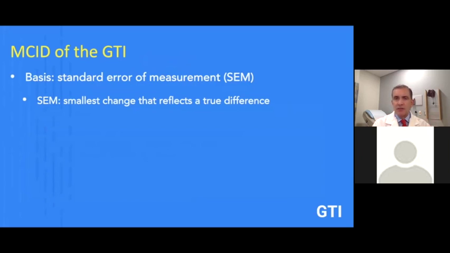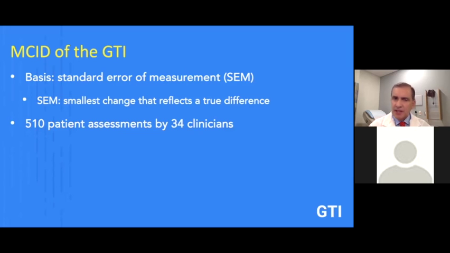The basis of the MCID is the standard error of measurement, which is the smallest change that reflects a true difference as opposed to simply measurement error. And there were 510 patient assessments scored by a total of 34 different clinicians who were part of this exercise.